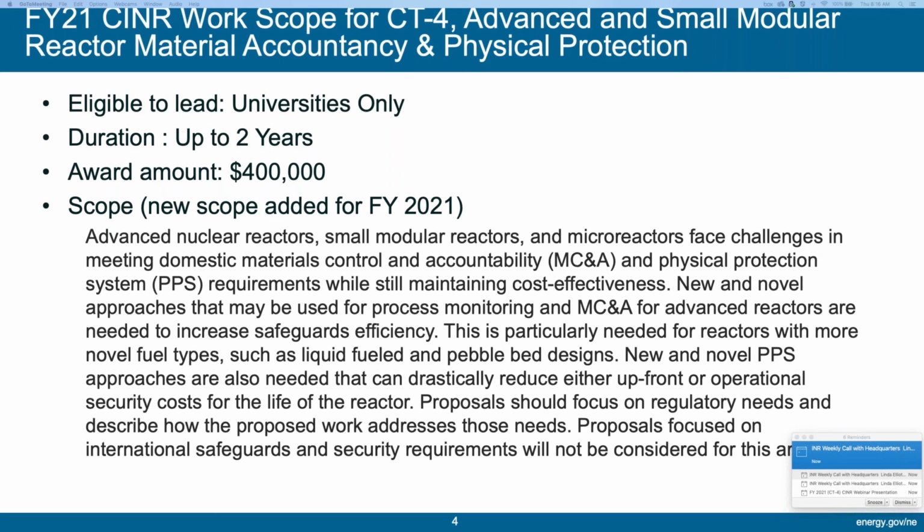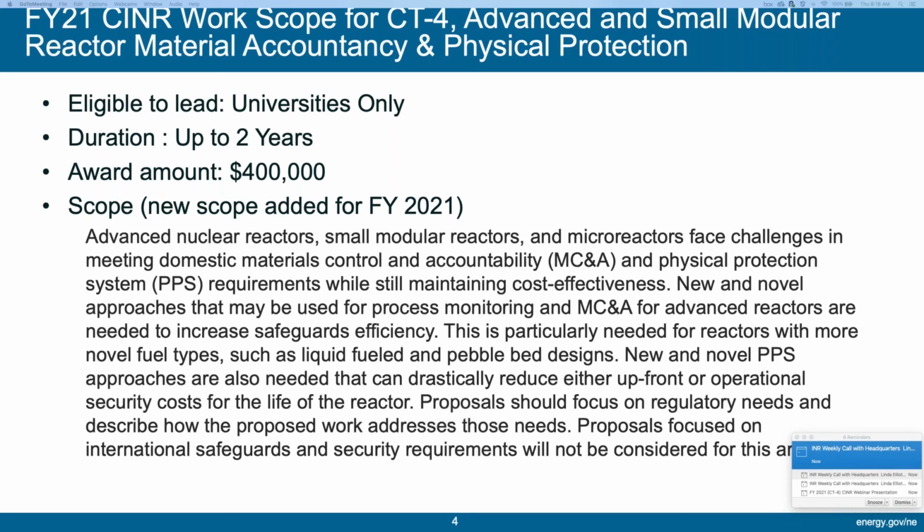It's difficult to take material out of there. And so the NRC requirements take that into account. And the Part 50 and Part 52 licensing in the Code of Federal Regulations has sort of a reduced MCNA set of requirements for those types of reactors.